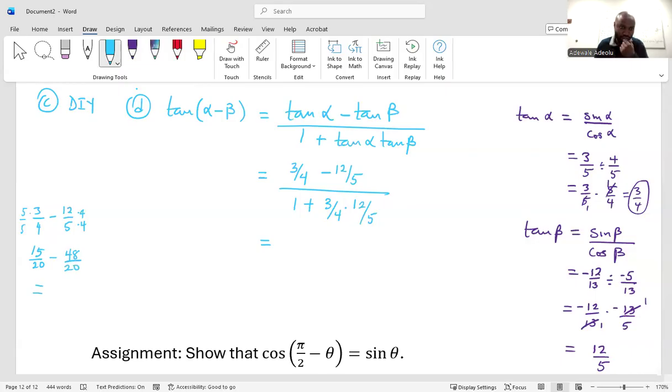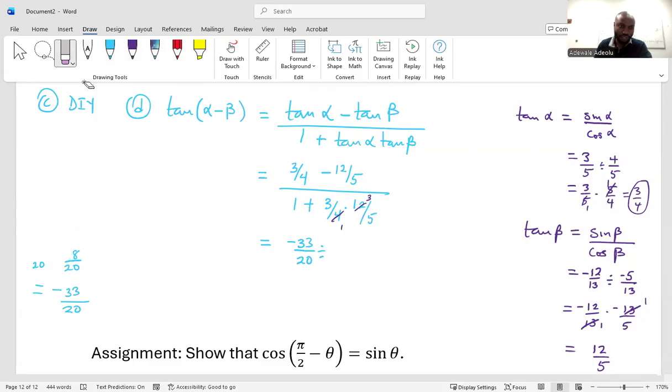So that is minus 33 over 20 divided by, here I can say 4 here 1, 4 here 3 to reduce that.